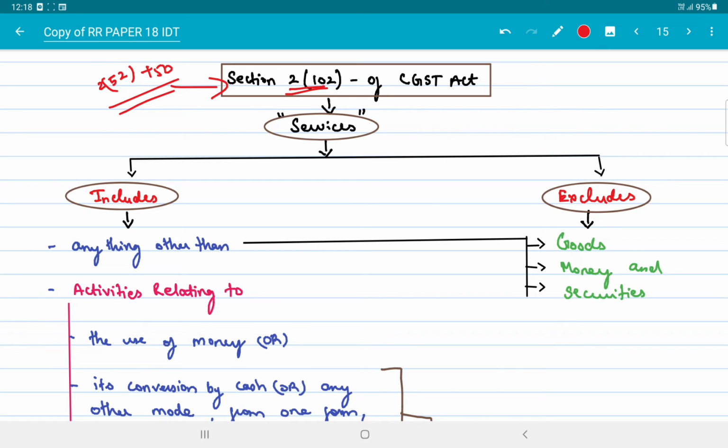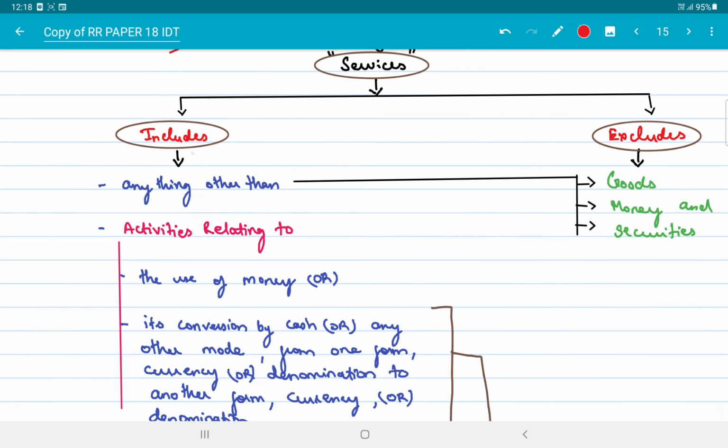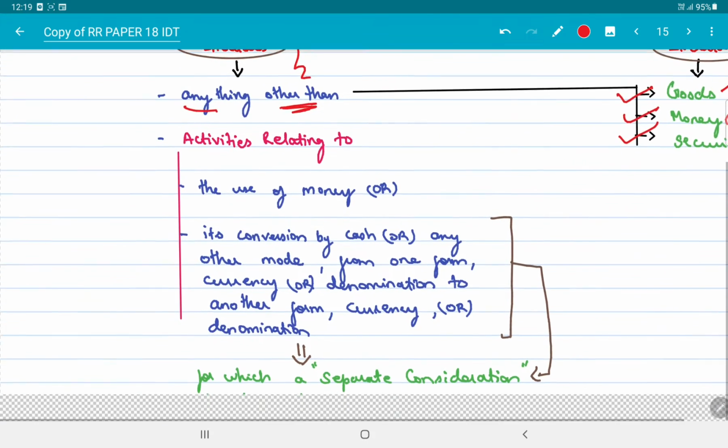Sir, here also it includes and excludes? Yes, it includes anything other than goods, money and security. So sir, money and security are neither goods nor services. Services excludes money and security and also goods. So anything other than goods, money and security is services.